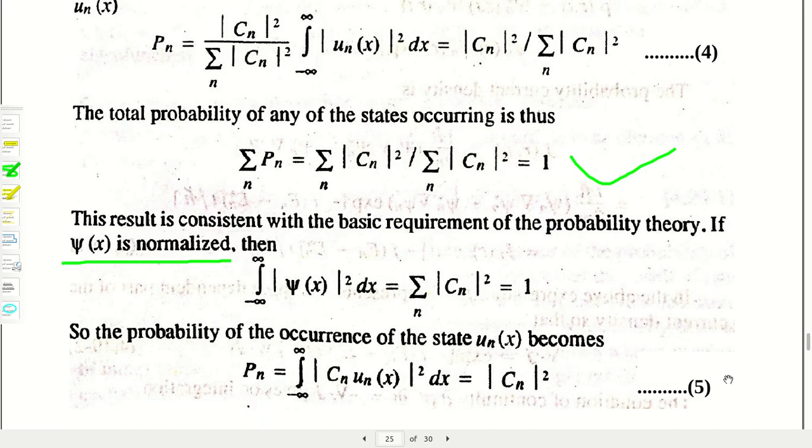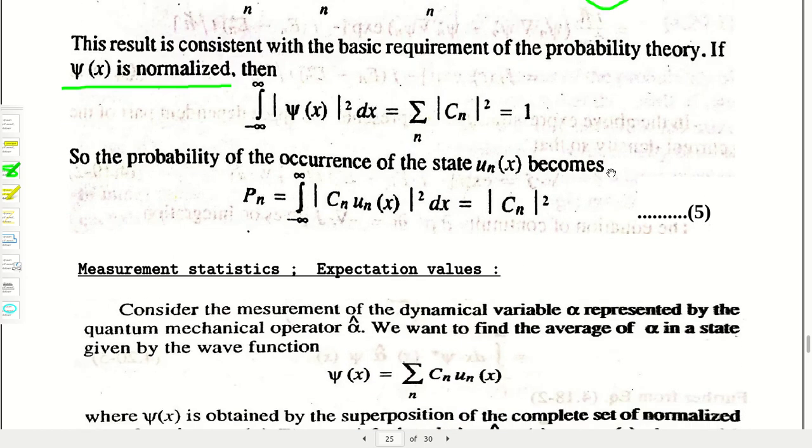If the psi wave function expanded in the basis set is normalized, then you can use equation number 5. Otherwise you cannot use equation number 5, as it will produce an erroneous result, and in this case you should use equation number 4 for the unnormalized wave function psi x.